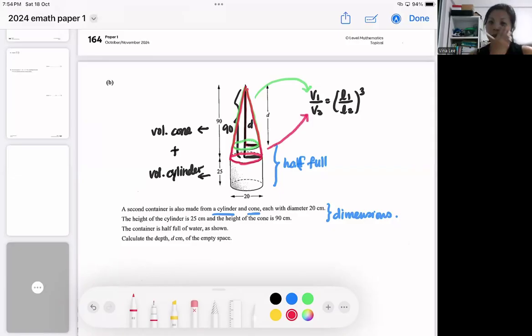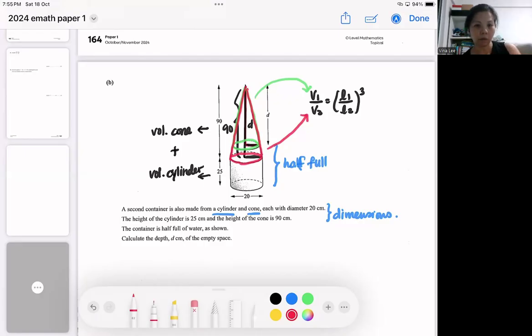Okay, so my approach to finding D is to use this formula, the volume ratio formula. So I will need the ratio of the height, which is there already. So I should work out my way to find the separate volume of the empty space and volume of the cone, which can be found.